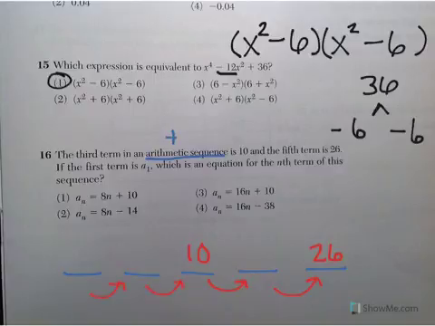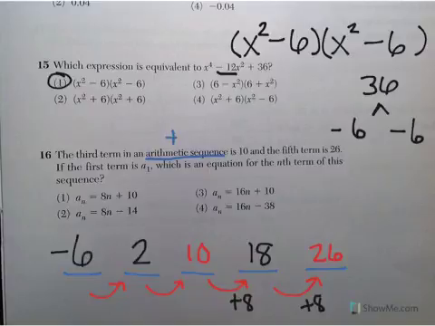Well, 26 minus 10 is 16, but since I have to go 2 terms, I'm going to end up adding 8 each time. So 10 plus 8 is 18, 18 plus 8 is 26, 10 minus 8 would give me the second term 2, and 2 minus 8 would give me negative 6.